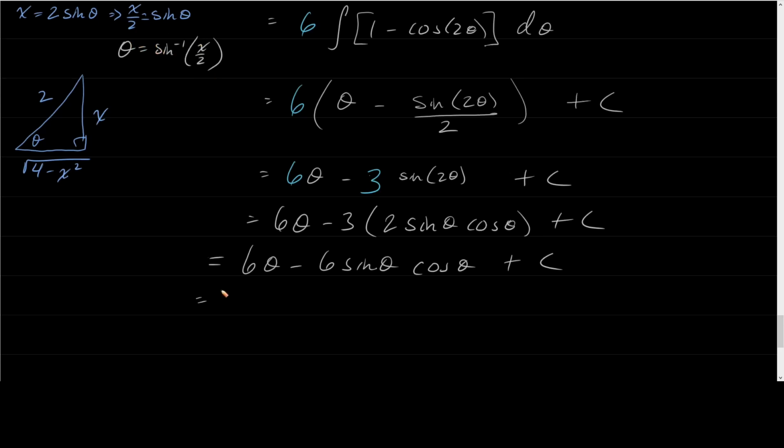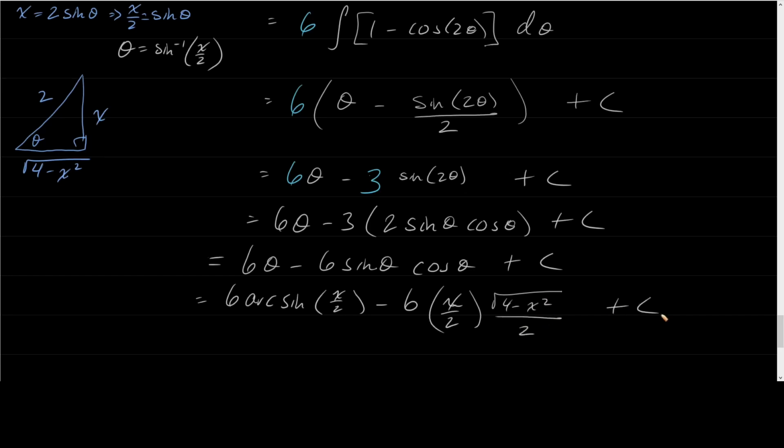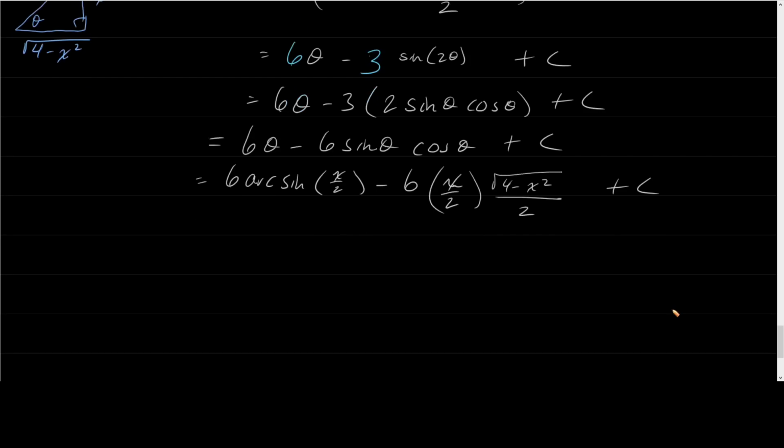So I'm going to write this as 6 arcsine of x over 2 minus 6 times sine theta, which from the triangle is x over 2, and cosine, adjacent over hypotenuse, is the square root of 4 minus x squared over 2, and then plus c.